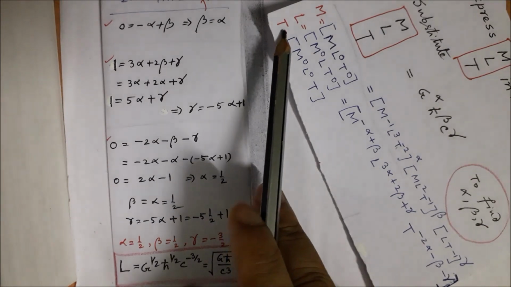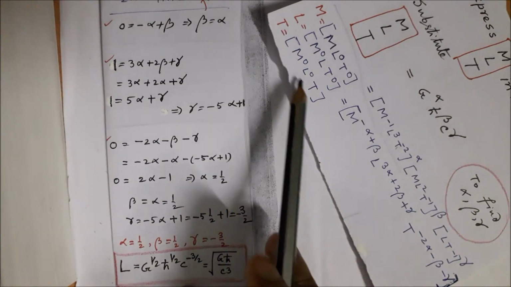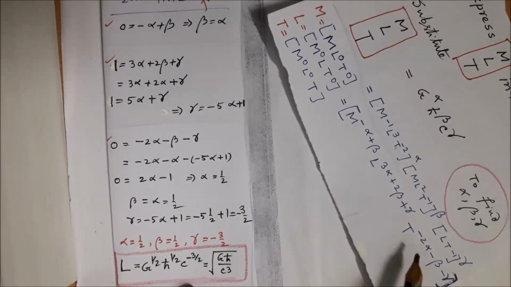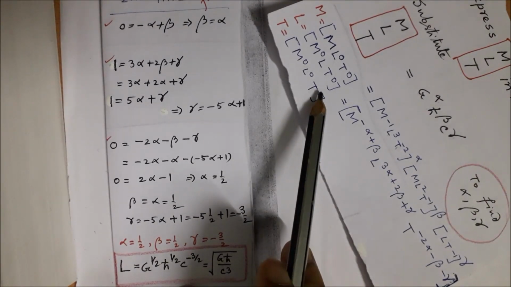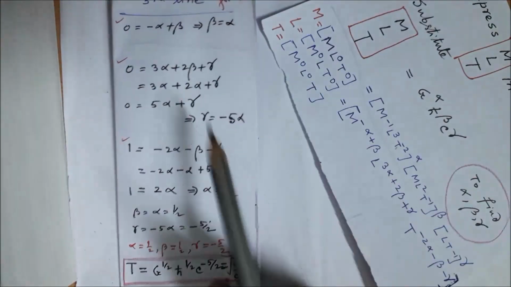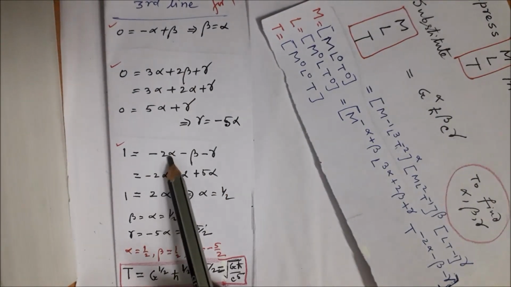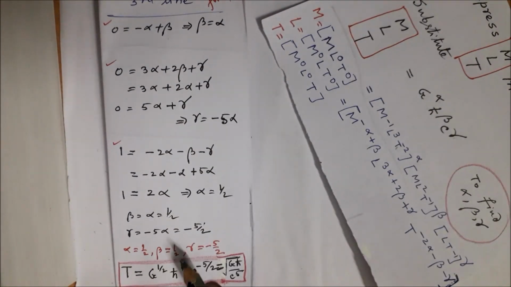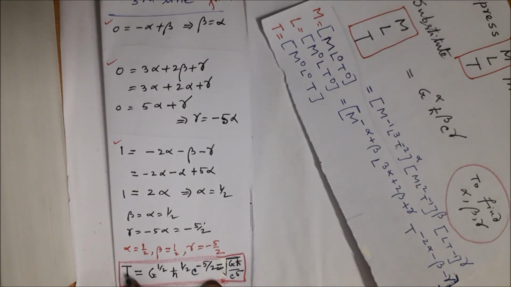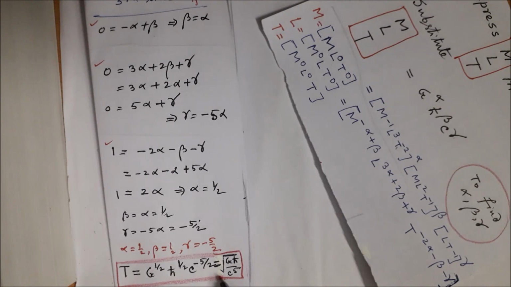And to find t, we have to equate this equation with this one, and here we have t to the power 1. And in a similar way we have three equations, first one, second one and third one, and the solution of these three gives us alpha, beta, gamma, from which we find the value of t equal to under root G h cross by c to the power 5.